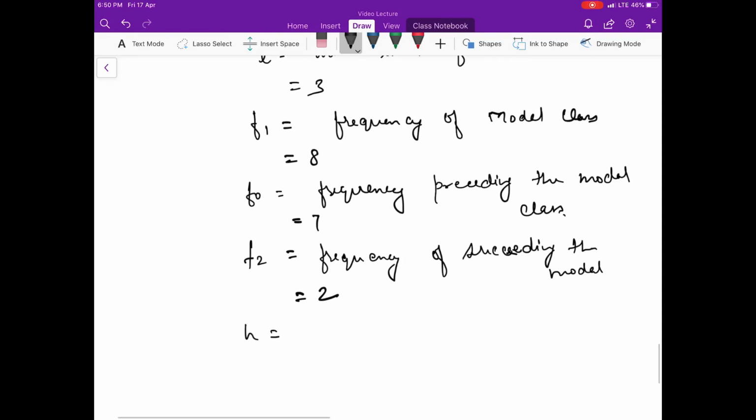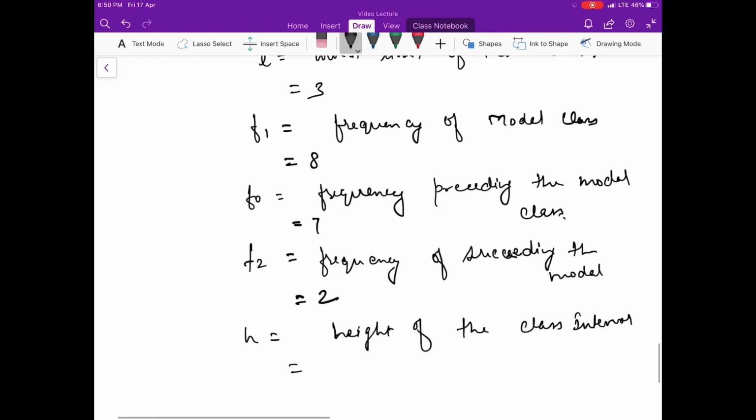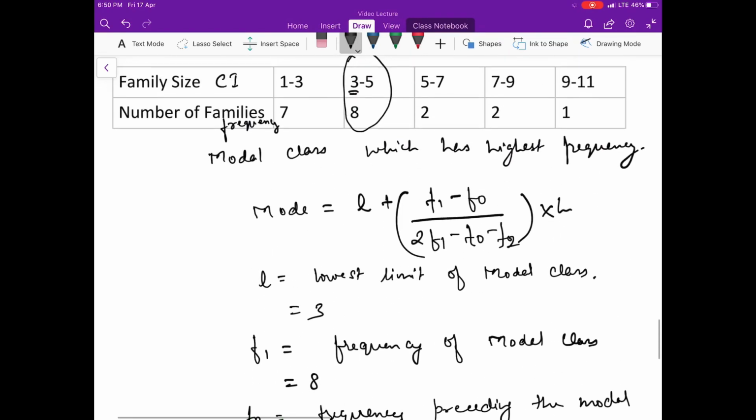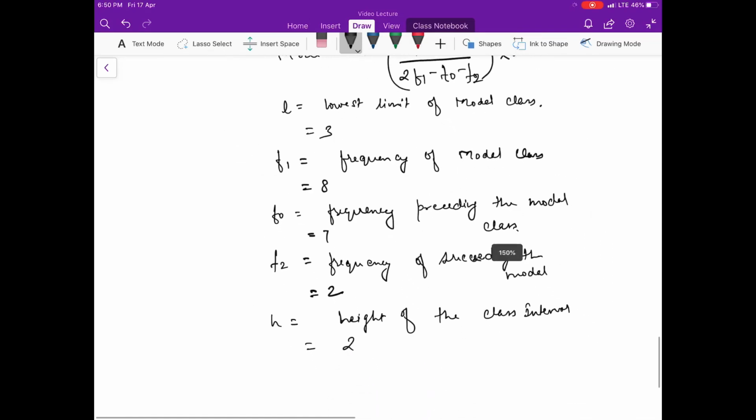And h we already know, that is the height of the class interval. So h is the upper limit minus the lower limit of the class interval, that is 2. You can observe here 5 minus 3, 3 minus 1, 7 minus 5.